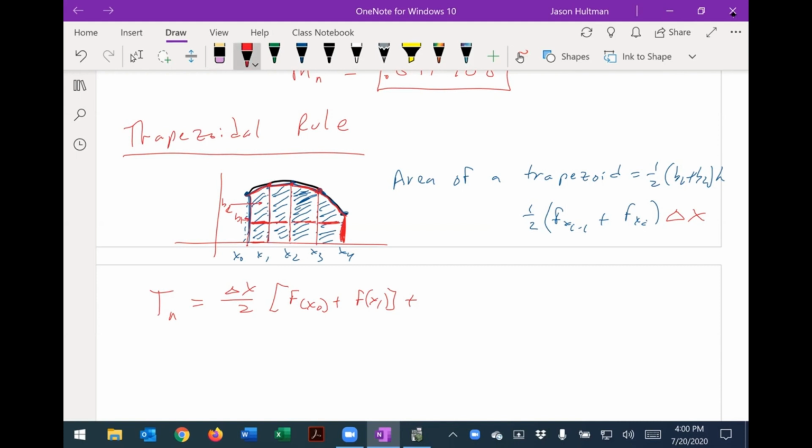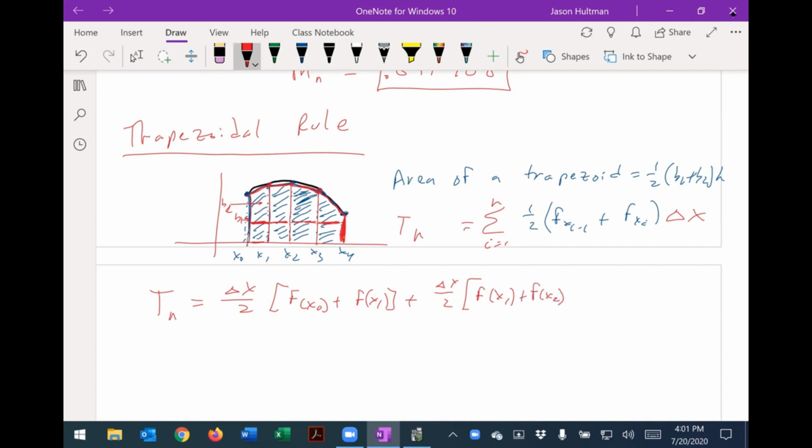If I wanted the area of all trapezoids, I just have to go i equals 1 to n. Sum them all up. Sum up all the trapezoids. T sub n. Then this is going to be plus delta x over 2 times f of x1, we're going to move on to the next trapezoid, changing the bases we're working with, base 2 plus base 3, plus f of x2, right?